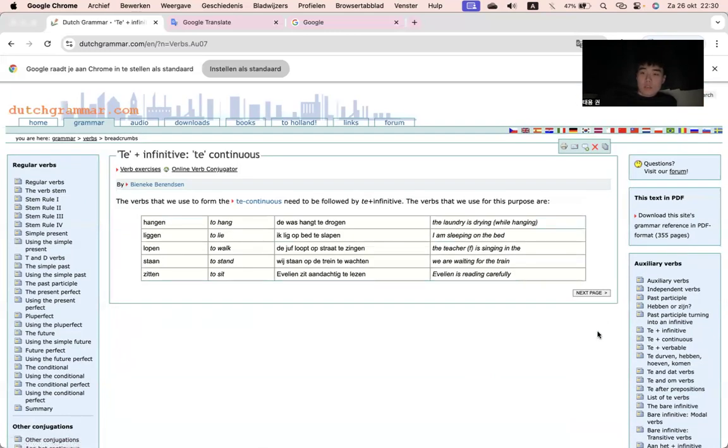De was hangt te drogen. Ligt op bed te slapen. Staan. Wij staan op de trein te wachten. Zit. Evelyn zit aandachtig te lezen. Something is doing something. De was hangt te drogen.